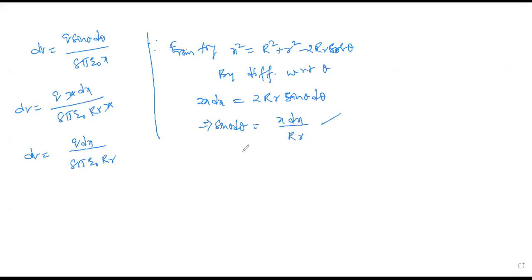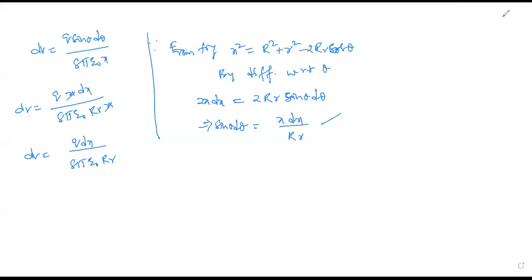Now here we have to write for the total. Earlier we worked out only the small ring. Now we have to work for the total spherical shell, when the point lies outside the shell. What are the limits to be taken? Anybody can guess?